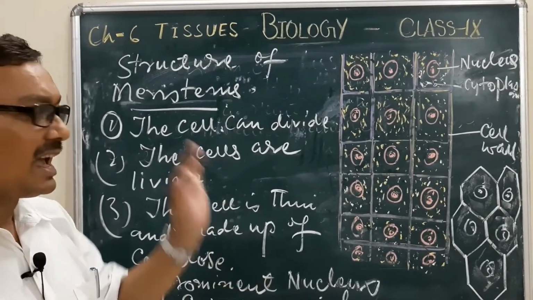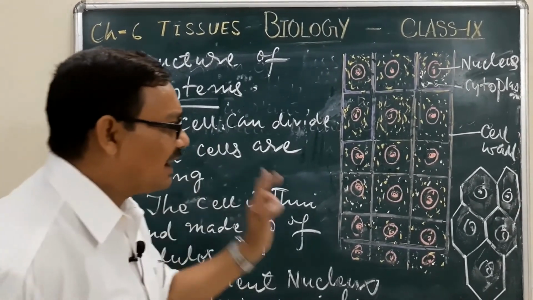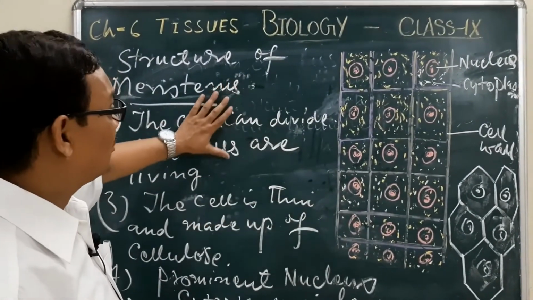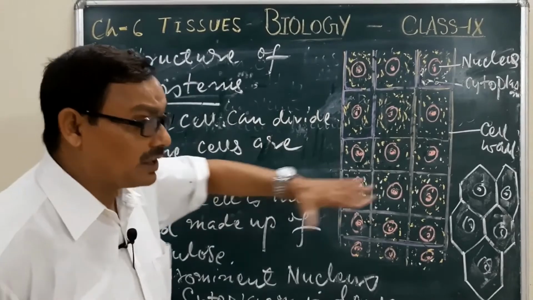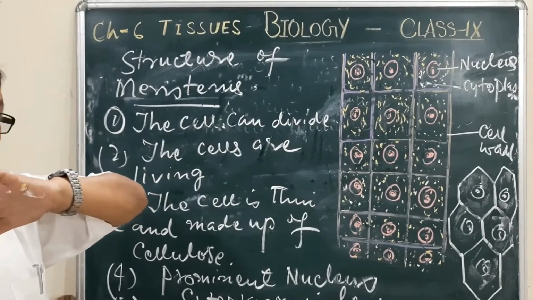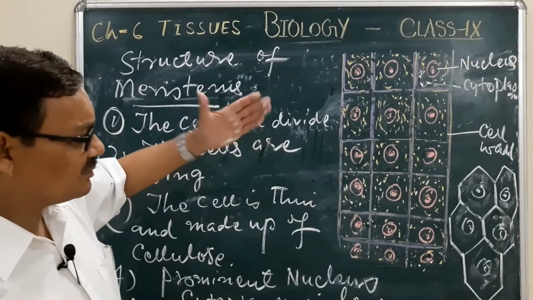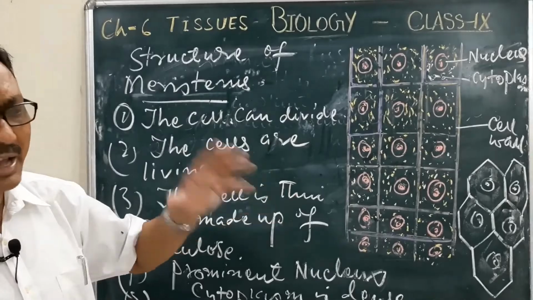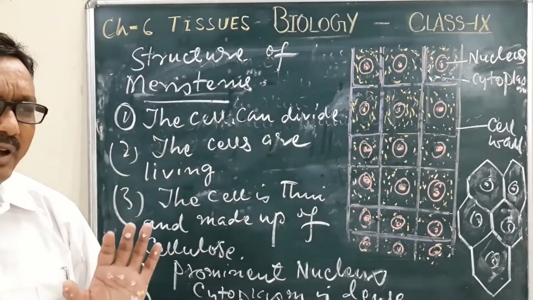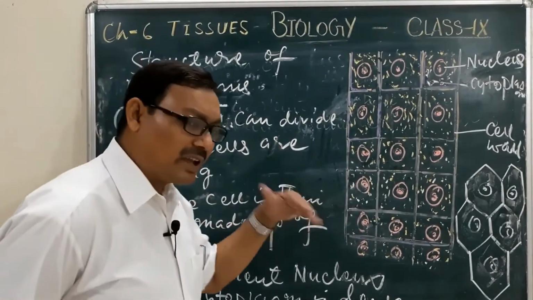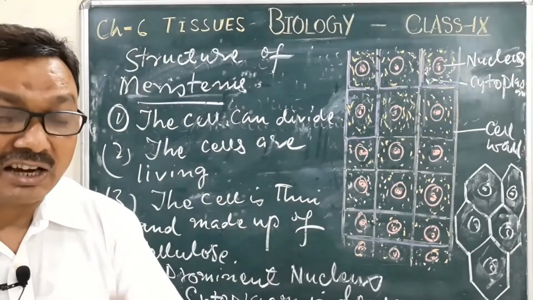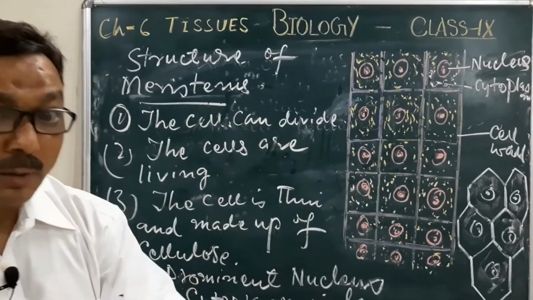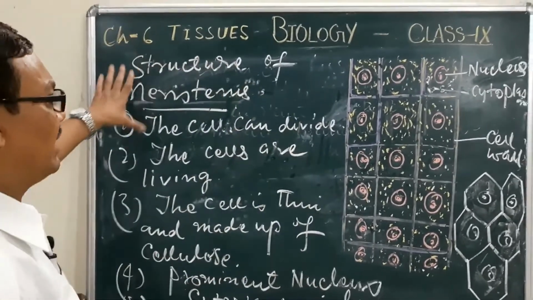There is no need to store the food materials, as the cells are in a growing way and always require food, and they utilize maximum, and that is why there is no need for storage. And if the food is stored within the vacuole, and the cell sap creates rigidity or turgidity to the cell, that may create problem in dividing the cell. That is why the vacuole is absent.